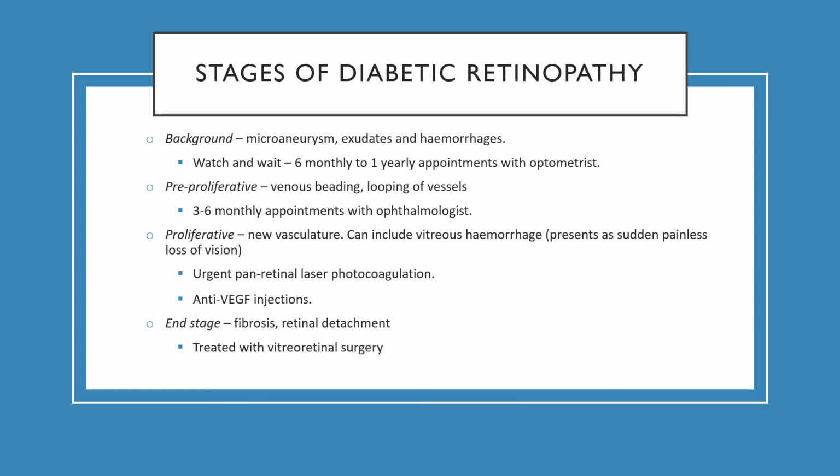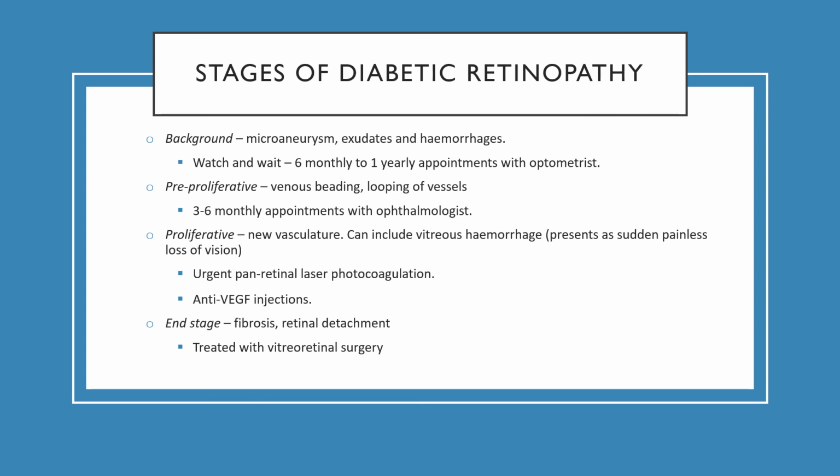When these happen, there are two major management mechanisms, the first of which is urgent pan-retinal laser photocoagulation, and the second is with anti-VEGF injections to ensure that the ischemic areas do not neovascularize as frequently or as largely.